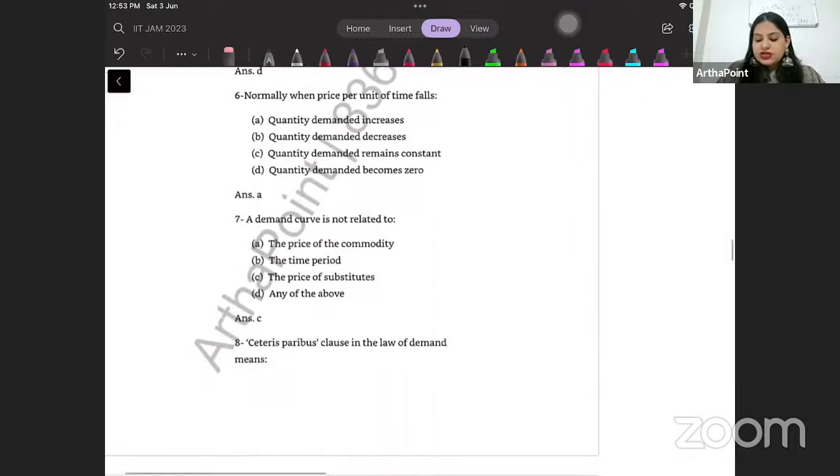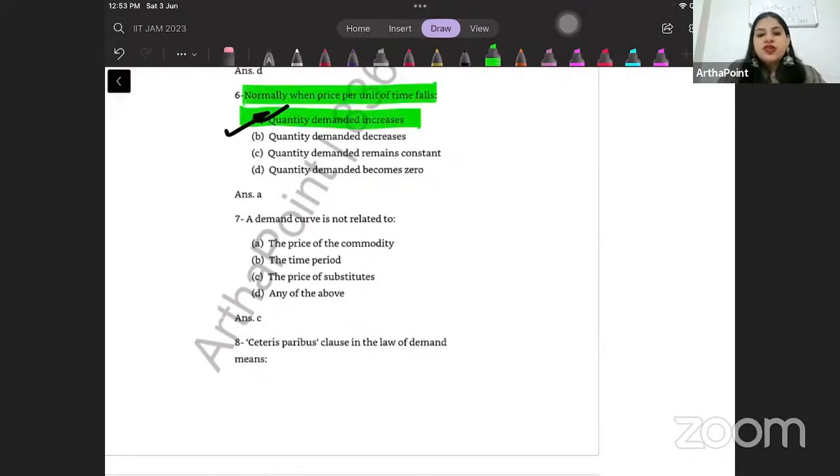Okay, beta, come to the next question. Normally when price per unit of time falls, what will happen? So beta, we know if price is falling, quantity demanded will increase. So answer to this question is A. Right?